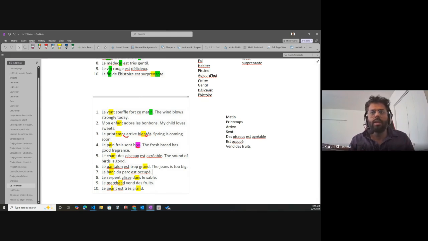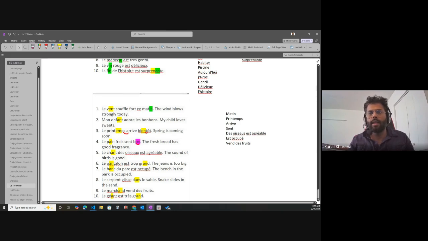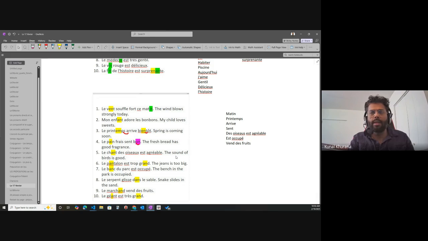Simple. Le banc du parc est occupé. The bench in the park is occupied. Le serpent glisse dans le sable. The snake slides in the sand. Le marchand vend des fruits. So the merchant in the market, the seller, sells the fruits.